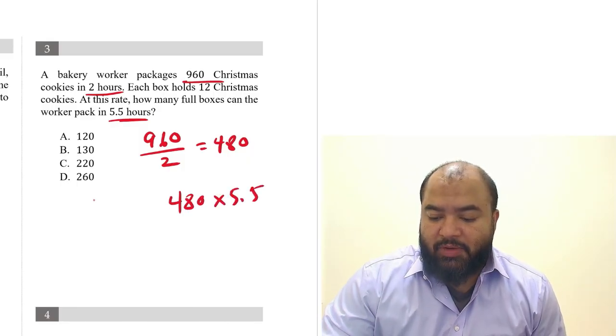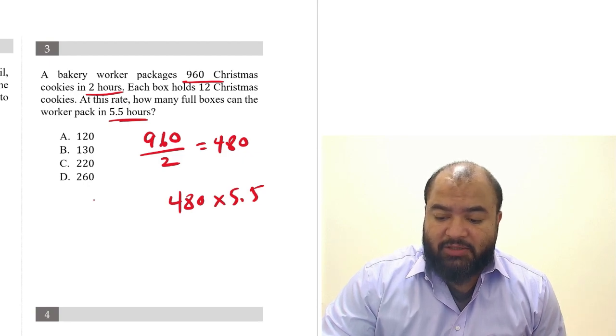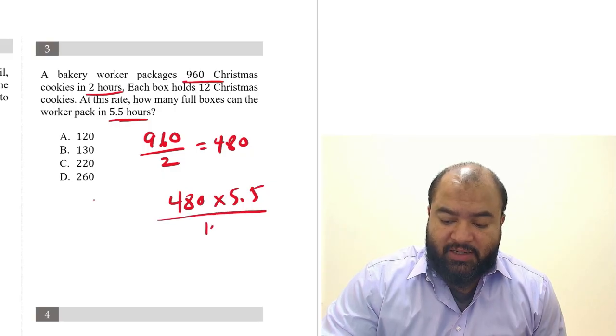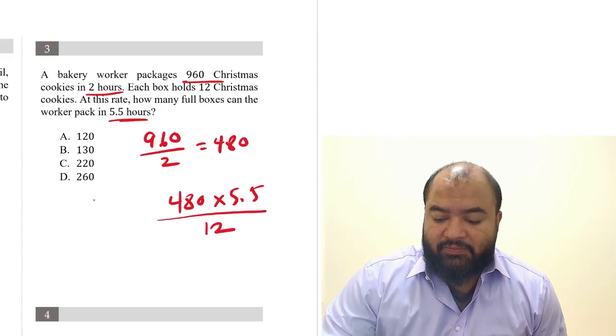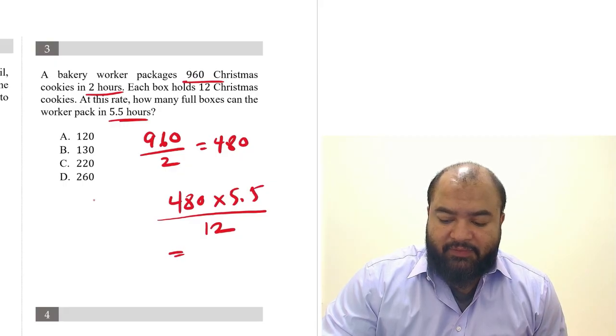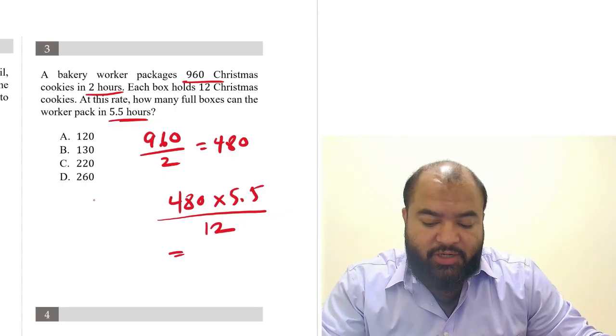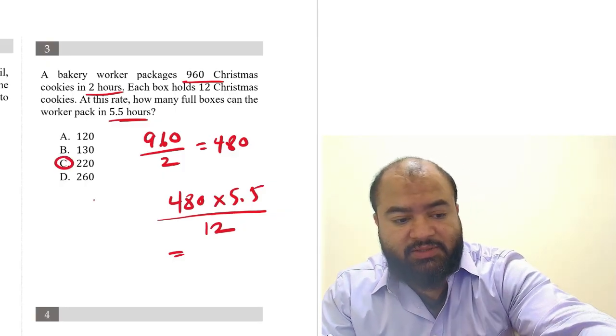That will show you how many cookies he can package. Each box holds 12 cookies, so to see how many boxes we can fill, divide by 12. You can divide 480 by 12 first. That would be 40 times 5.5. It's 220. So C is the answer.